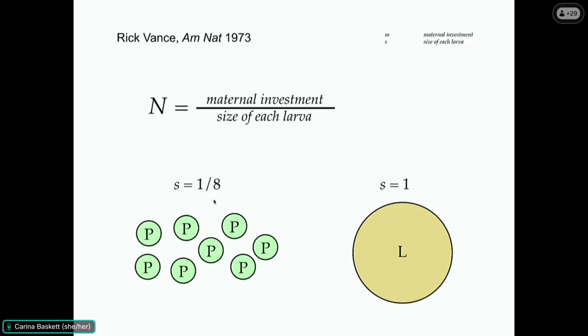So if the size of the larva is 1/8 of a lecithotroph, then the maternal investment is going to result in 1 larva per unit maternal investment in a lecithotroph and 8 larvae in the case of a planktotroph. But they're not all going to survive, and that's because the water column is a very dangerous place.